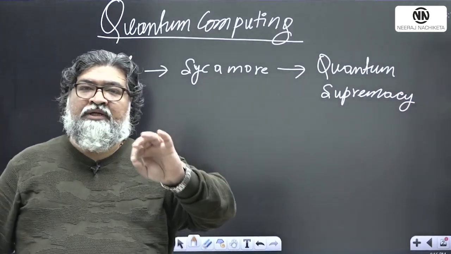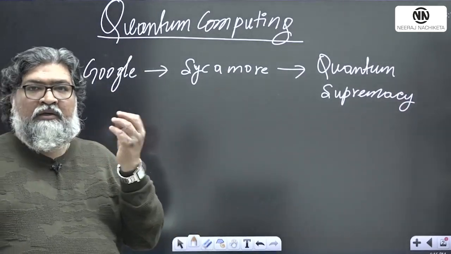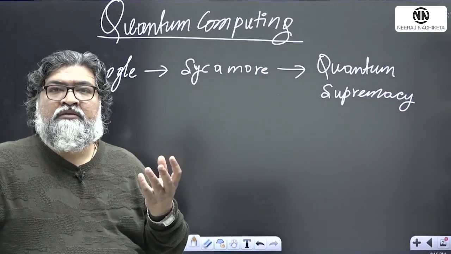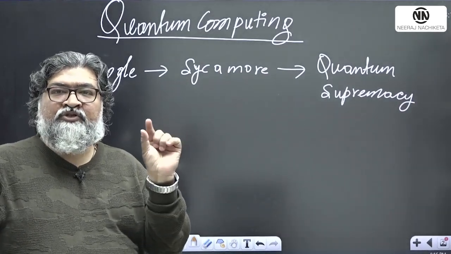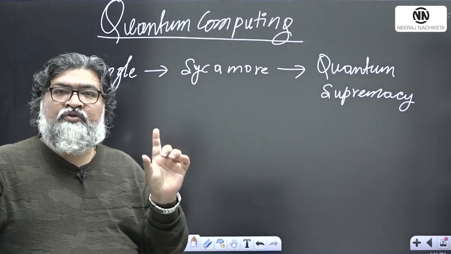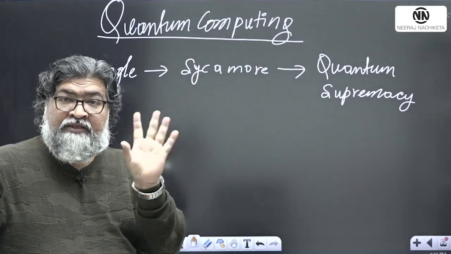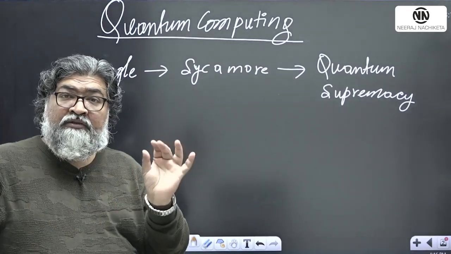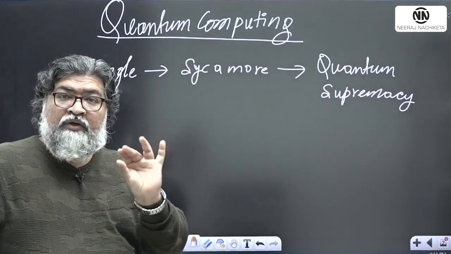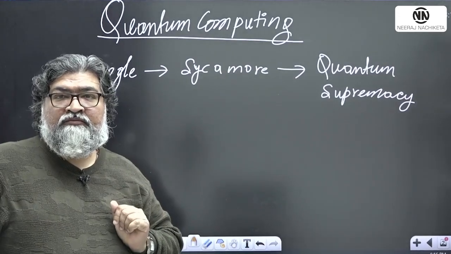That means Google has built a device with a quantum processor which can carry out trillions of calculations in just a few seconds, and that again using a very small number of qubits, quantum bits of information.